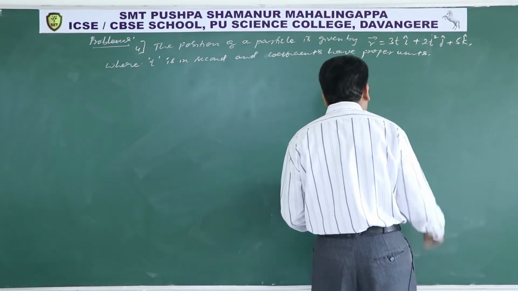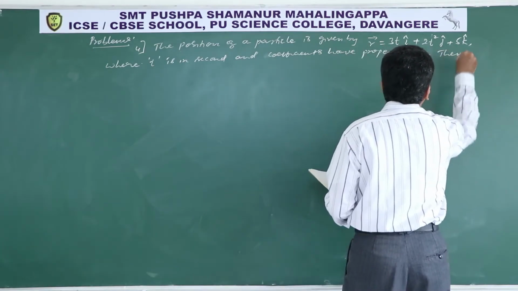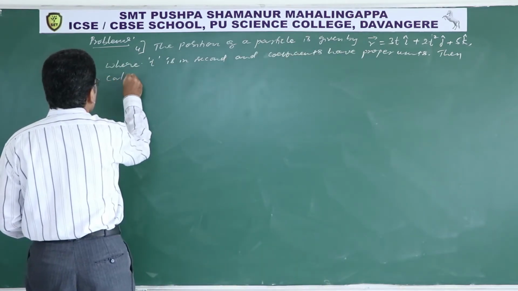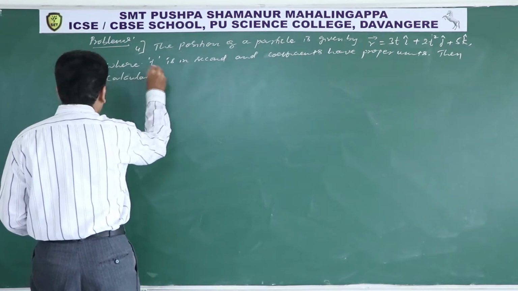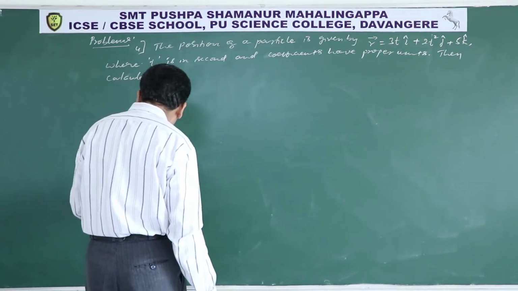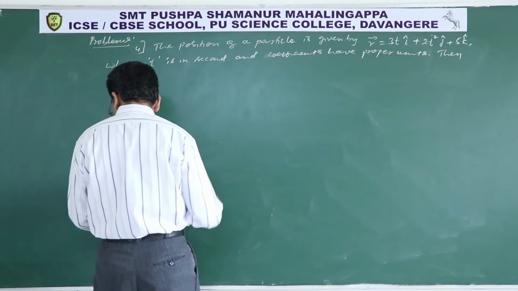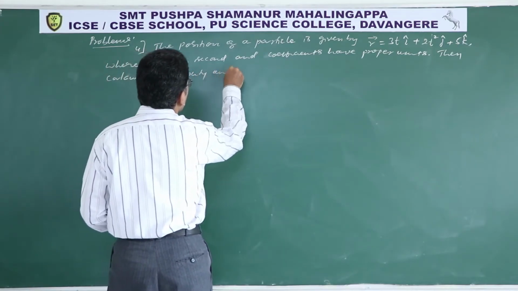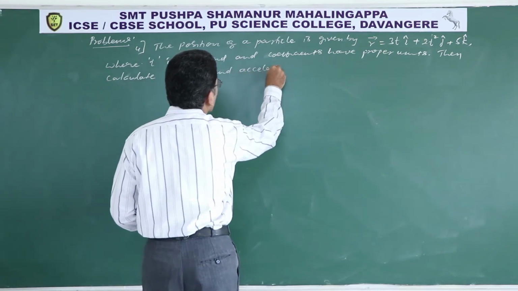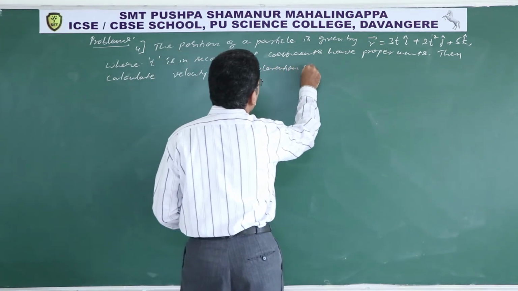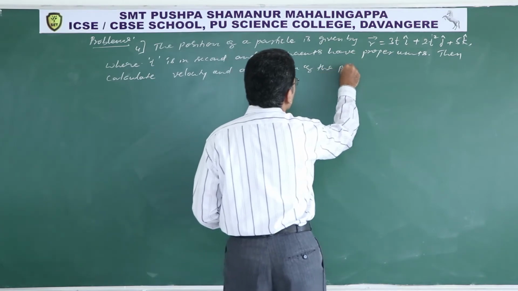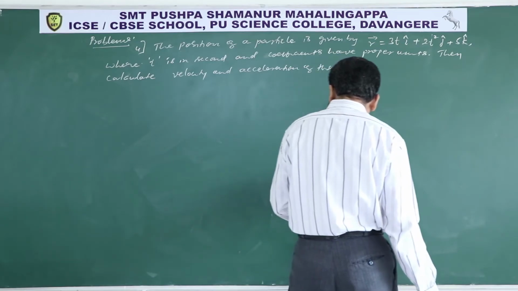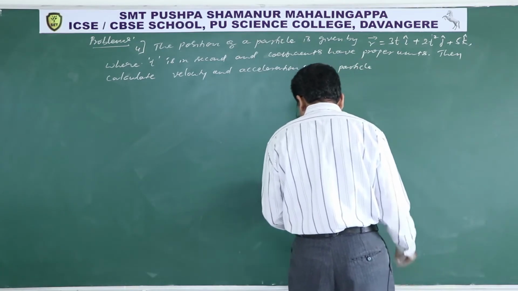Then calculate the velocity and acceleration of the particle at t is equal to 1 second.